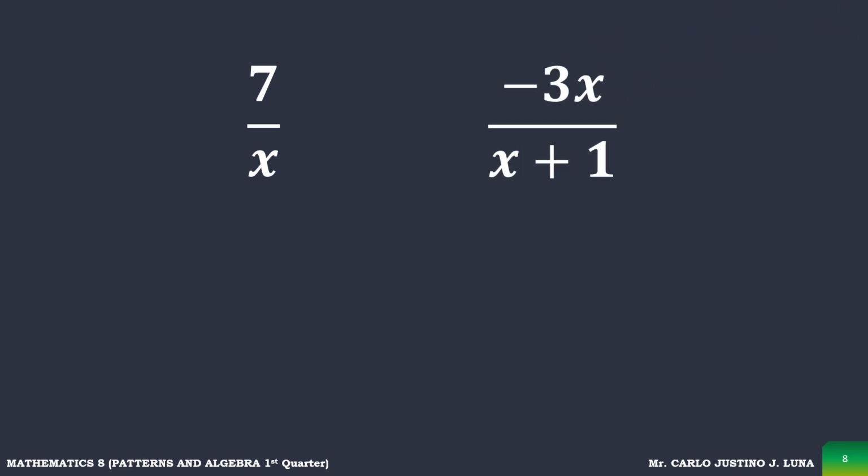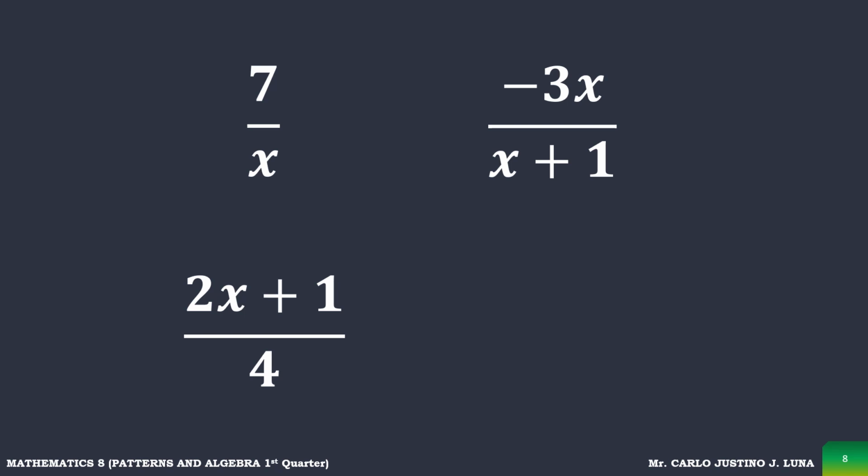For example, we have 7 over x. 7 over x is a rational expression. Its numerator is 7 and its denominator is x. Another example is negative 3x over x plus 1. Our numerator is negative 3x and our denominator is x plus 1, which is a binomial. Third, we have 2x plus 1 all over 4.